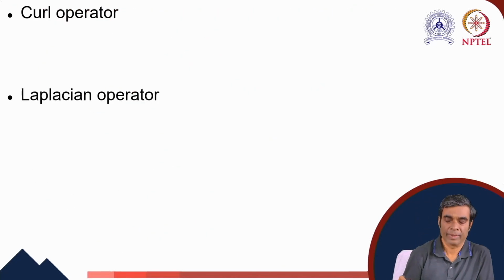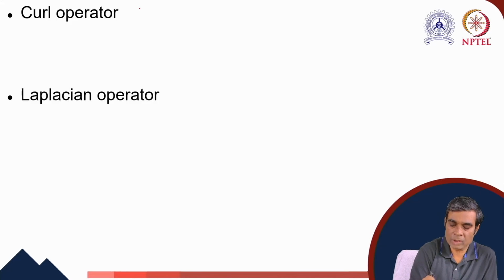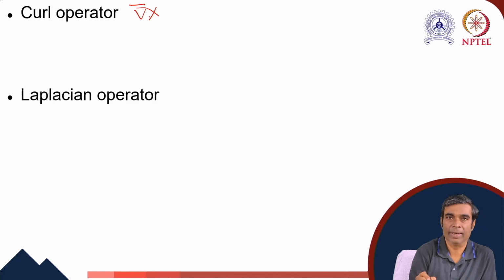Next we define the curl operator. The curl operator operates on vectors and tensors. This curl operator is denoted by the symbol del cross.